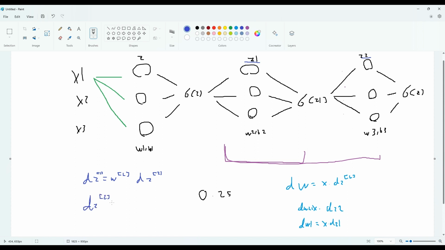Derivative of z2 is equal to some layer weight times the derivative of z3, right? So this becomes 0.25, and then we're multiplying this by the derivative of this.